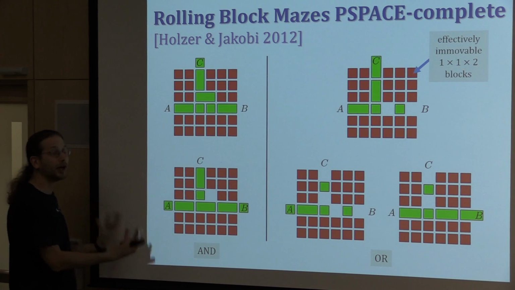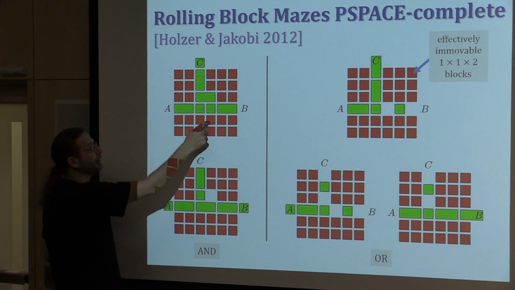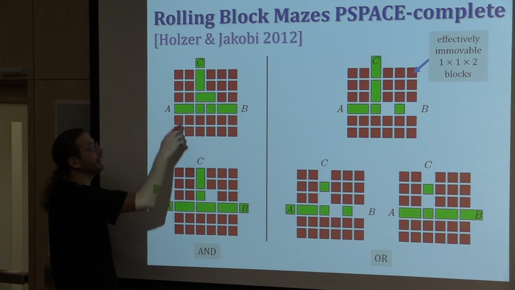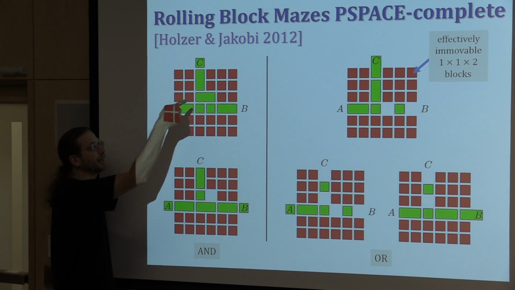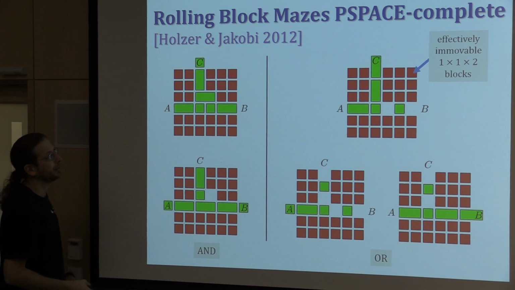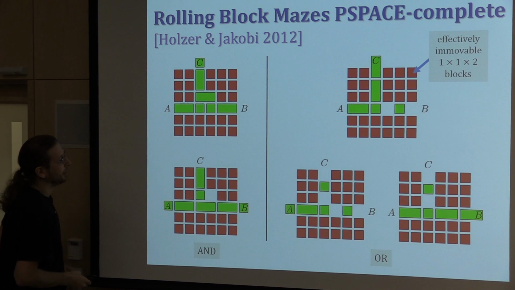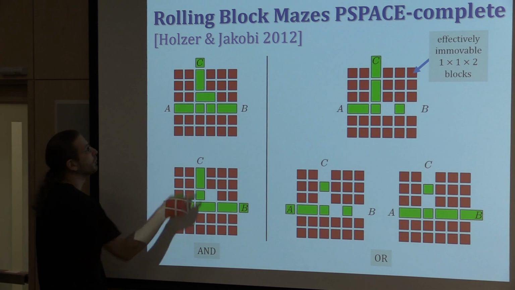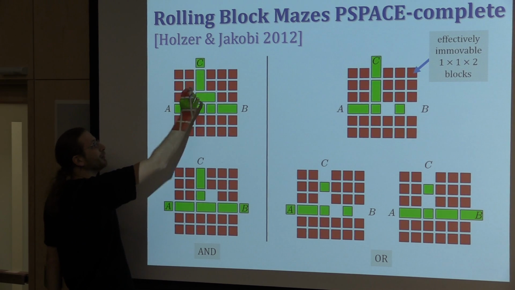And if you have a lot of rollable blocks, in this case, all the blocks are rollable. So these red things are actually sticking up, and the green ones are obviously lying in the plane, and the 1 by 1 squares mean that it's sticking up. Then it's PSPACE-complete to roll a particular block, because in order to roll this thing down, you have to make space here, which means this has to have rolled up.